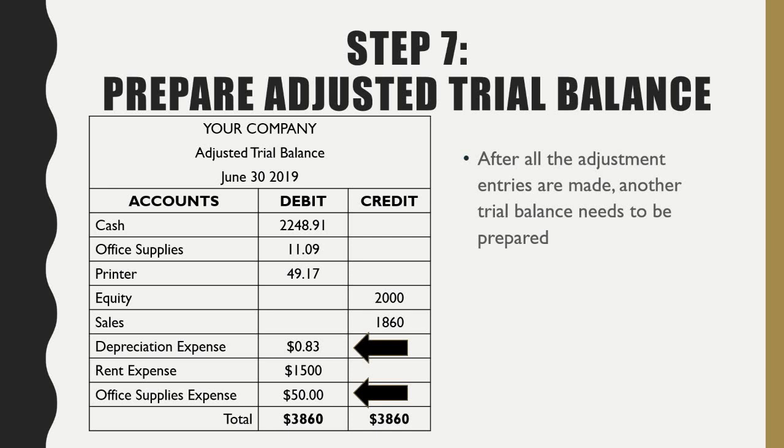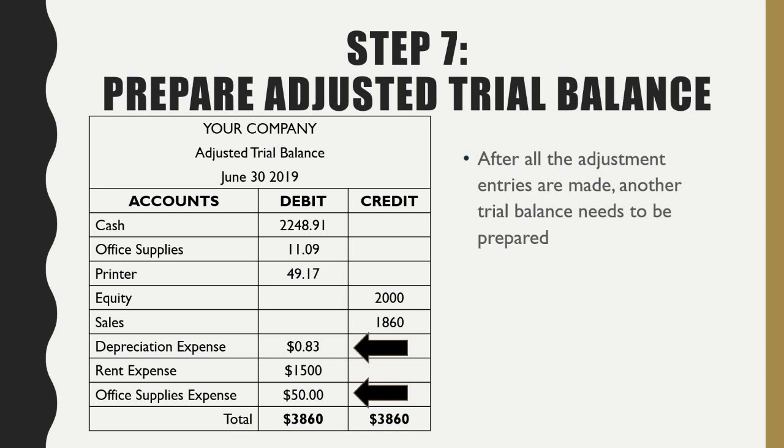Now notice this mentality or this sequence: every time you touch your journal or you enter a transaction in your journal, the next step is to post it to your ledger, and then the next step is to complete the trial balance. This is going to be rinse and repeat until you ensure that you didn't make any mistake along the way.